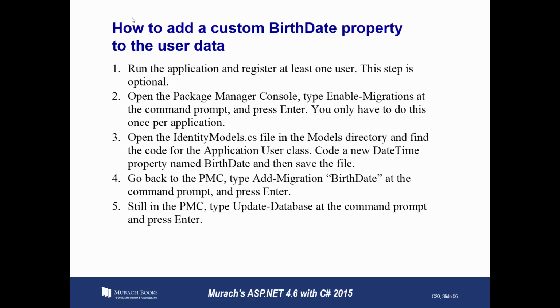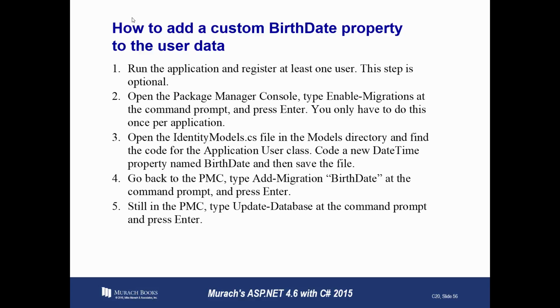Run the app, register at least one user, although that step is optional. Open the PMC, type enable migrations at the command prompt. It's a console, so you're going to be working from a command prompt. Press enter. You do this once per application. Open the IdentityModels.cs file in the Models directory. Find the code for the application user class.